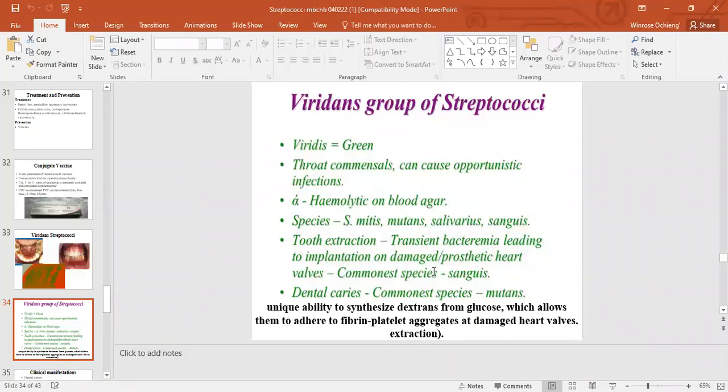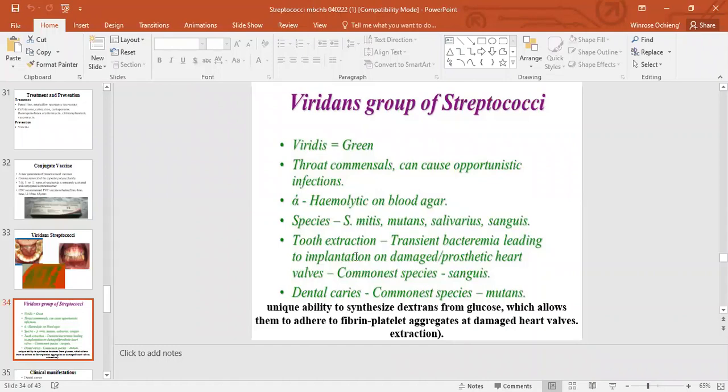But when, for example, a tooth is extracted, we know there's a way that the bacteria, which were normal flora, can now gain access.